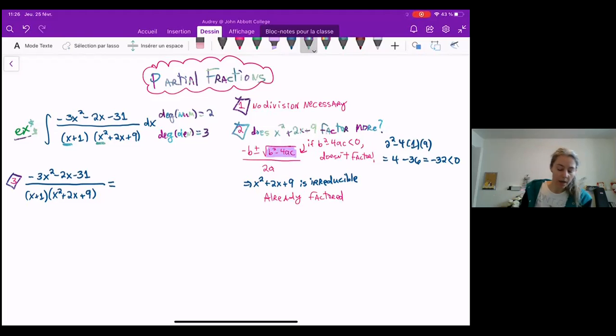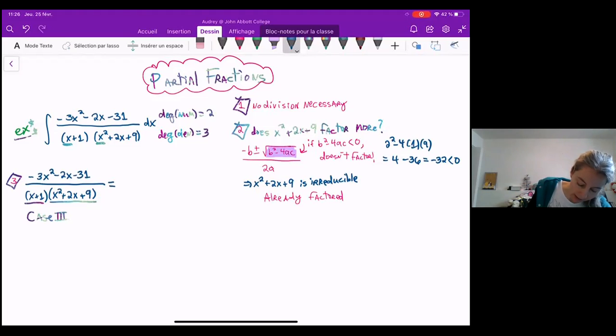We can see that this has a linear factor and a quadratic factor. Neither of them occurs multiple times, so they both occur only one time. So this puts us in case 3, and case 3 is when the denominator contains irreducible quadratic factors that are distinct, meaning they only occur one time.